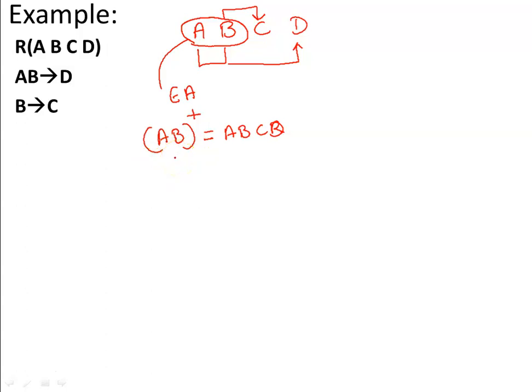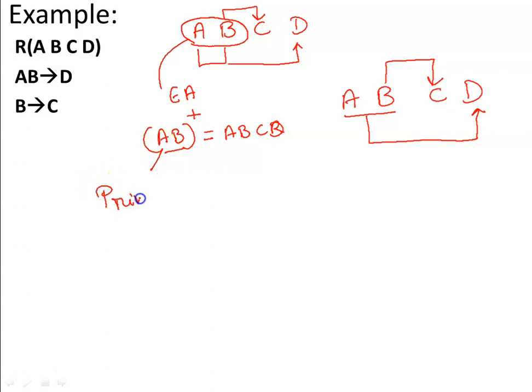Now if you look at the relation and the FDs, since this is the only candidate key, it will be my primary key. So we have A, B, C and D, and this is my primary key, and based on this you are able to search for D, and based on B you are able to search for C. The attributes in the candidate key are called prime attributes, and the attributes apart from the candidate key are called non-prime attributes.